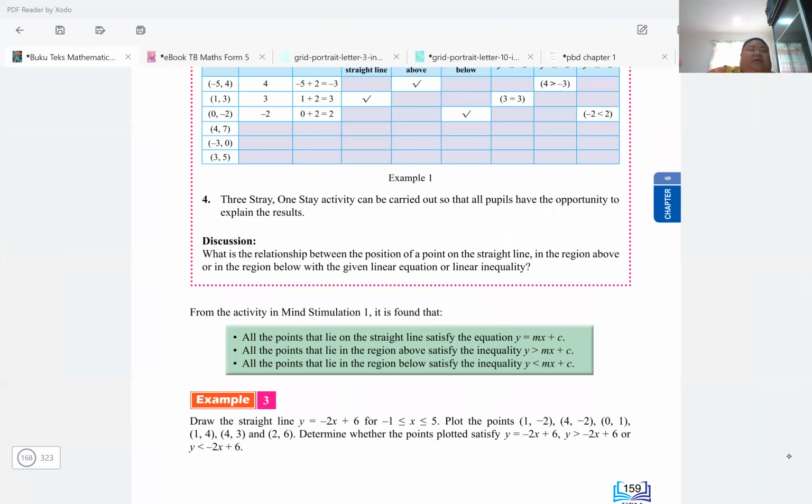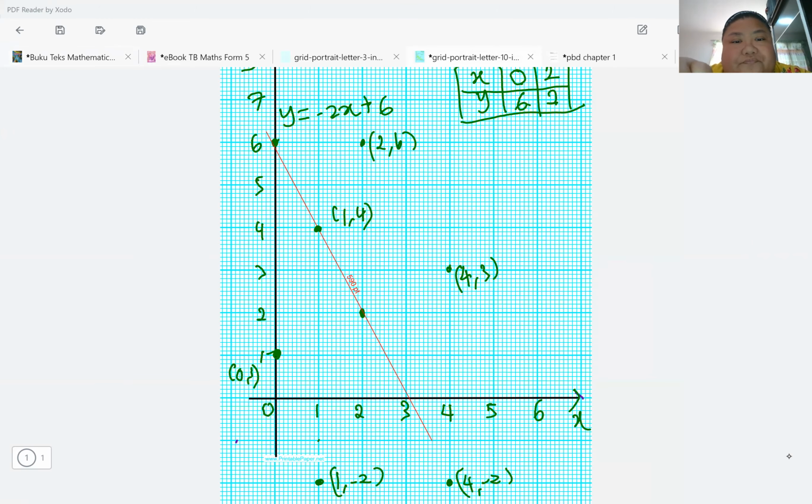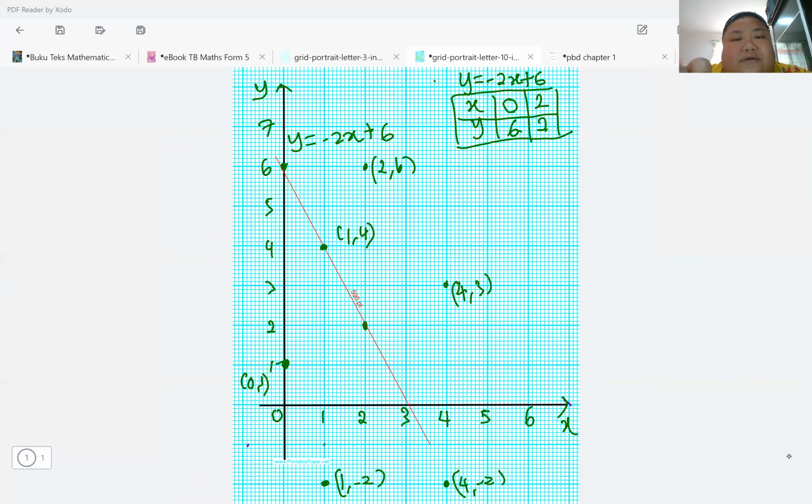The next one will be example 3. Draw the straight line y equal to negative 2x plus 6 for negative 1 less than or equal to x less than or equal to 5. So this is the range of x that you need to draw. First of all, you need to draw this equation y equal to negative 2x plus 6.